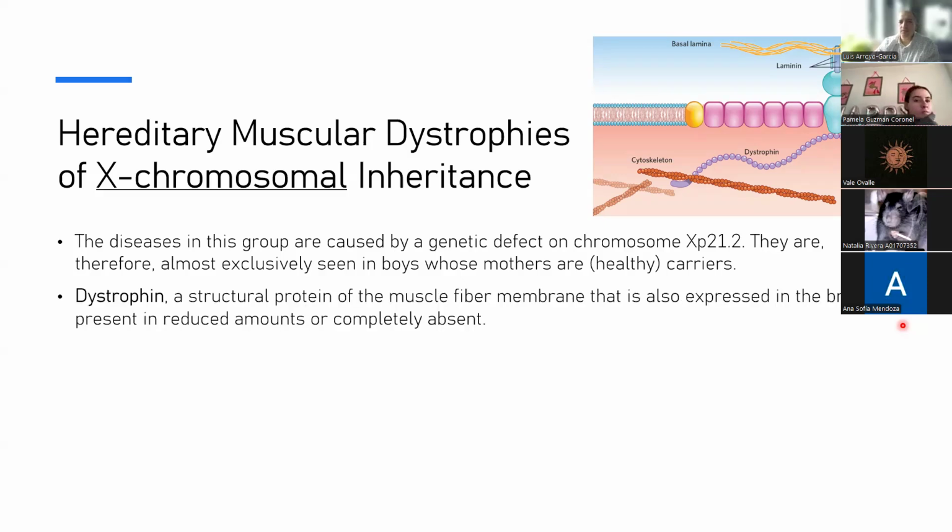To understand the muscular dystrophies, we need to understand the most important protein for this, that is dystrophin. Basically, what the dystrophin does is work as an anchor between the cytoskeleton of the cell and the membrane of the cell.